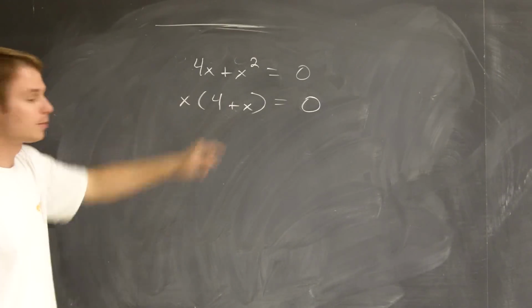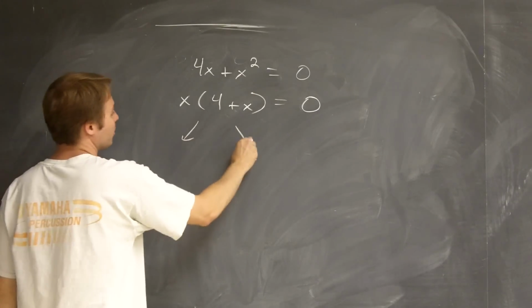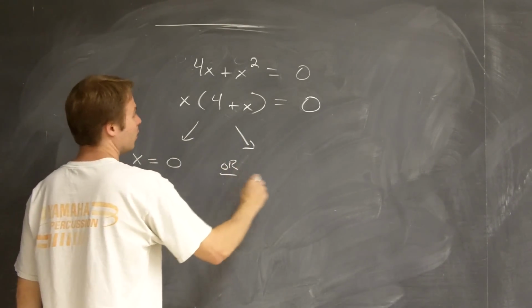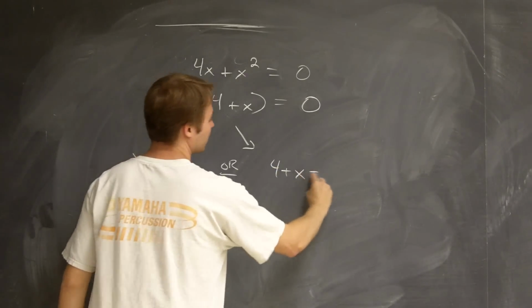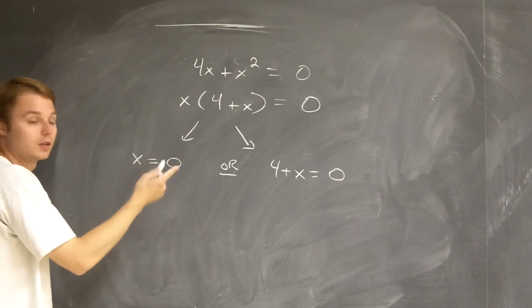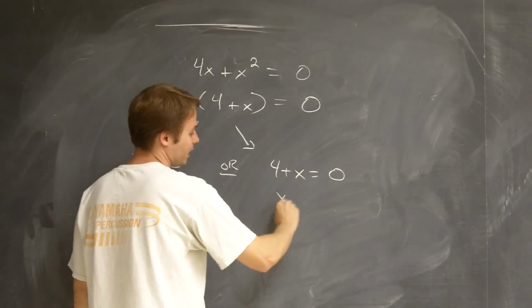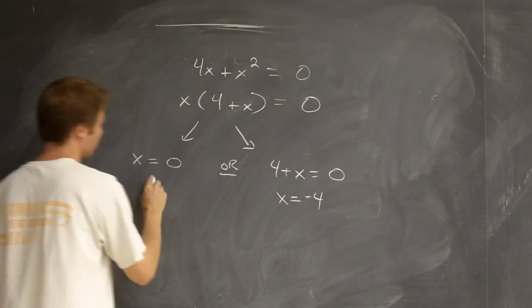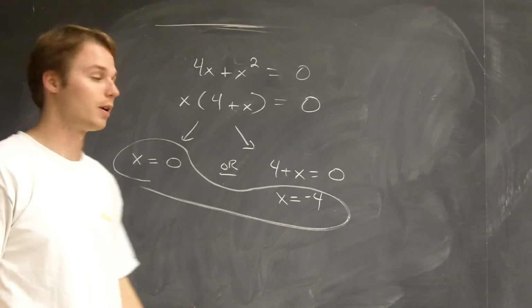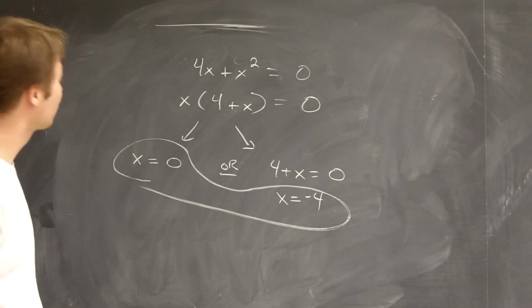Again, something times something equaling 0 means that either the first thing is equal to 0 or the second thing is equal to 0. So in this case, we get x equals 0. We don't have to do anything to that. Here we'll find out that x equals negative 4. So my two solutions for this problem are x equals 0 and x equals negative 4. They should both work.